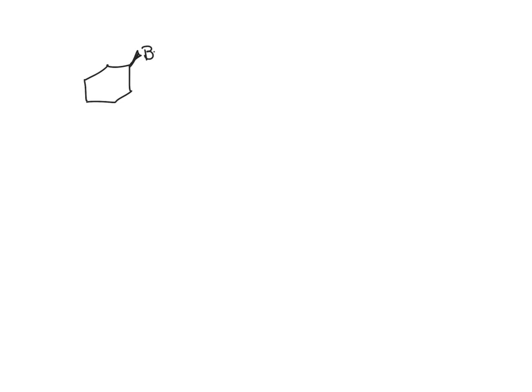Okay, so I'm drawing the two-dimensional structure for 6A. Okay, we have to draw this in the chair. I'm just going to go ahead and put my Br axial because that's the one that has to happen.